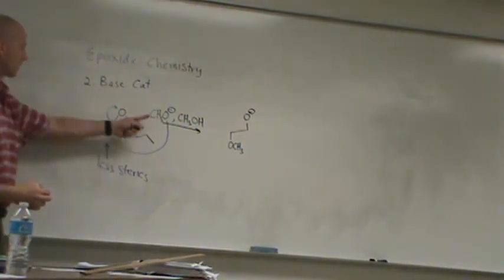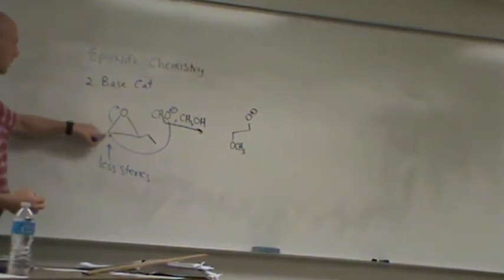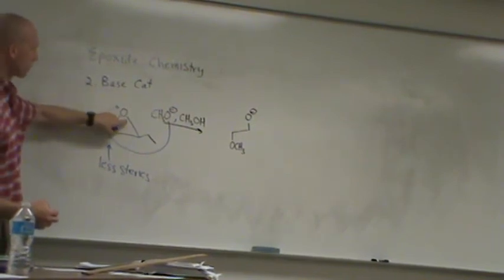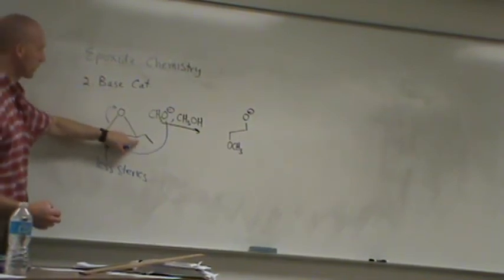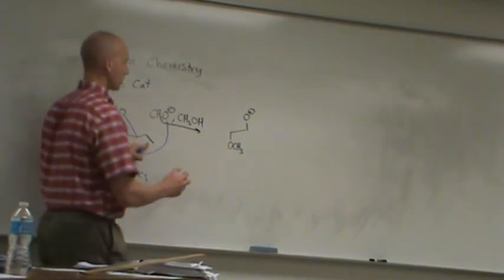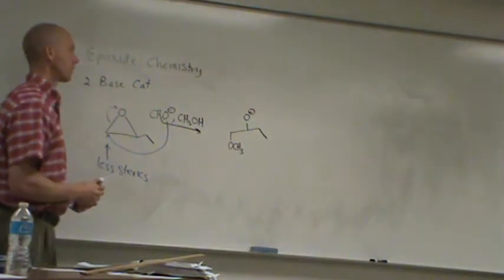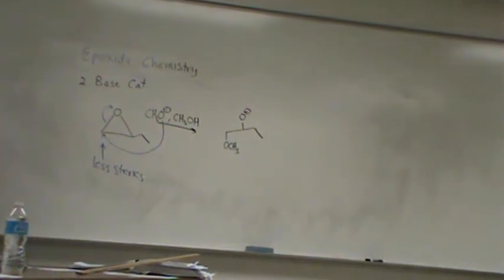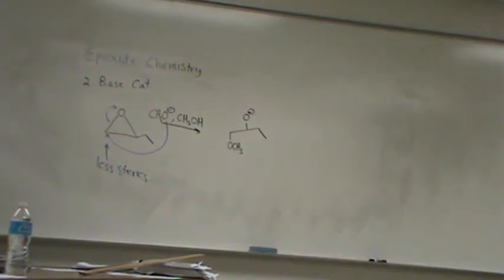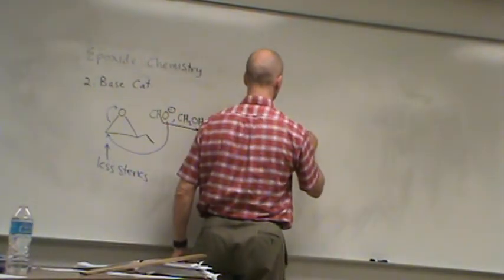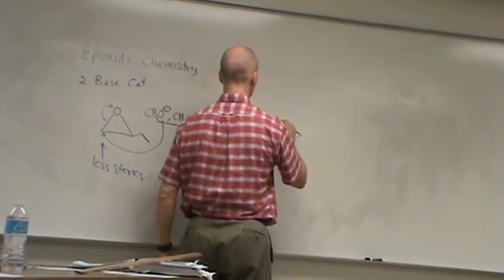So there, the OCH3 is added, this bond is broken, so the O minus will end up on the next carbon, which also has this ethyl group. Then lastly, that gets protonated with the methanol.